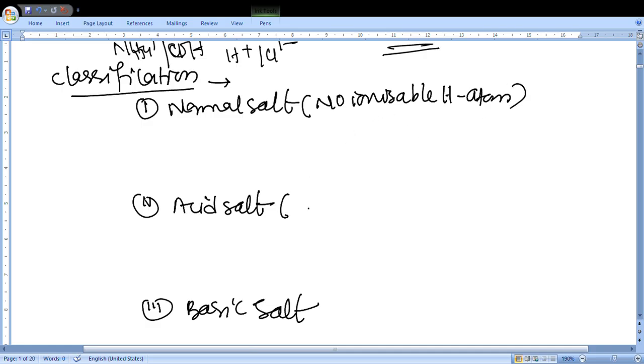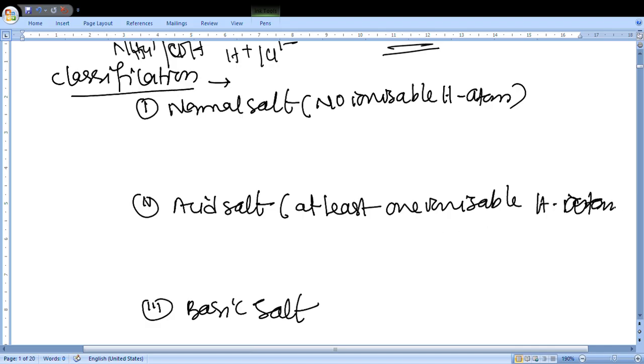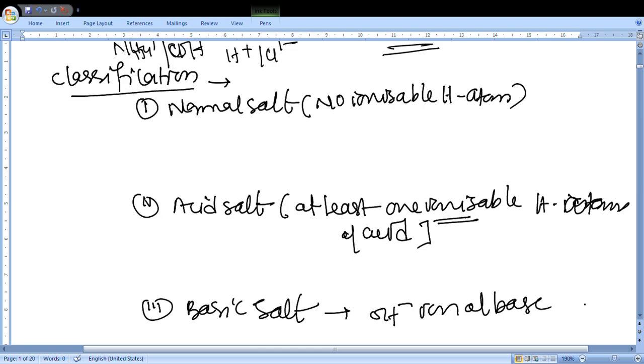Acid salts have at least one ionizable H positive ion, a hydrogen atom of acid, must be present, right? In basic salt, OH negative ion of base must be present.